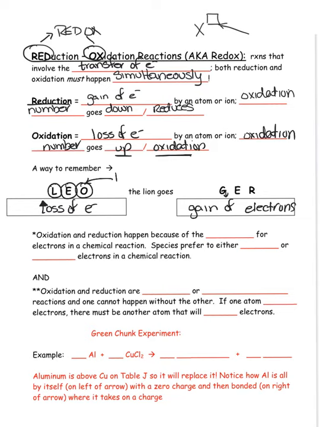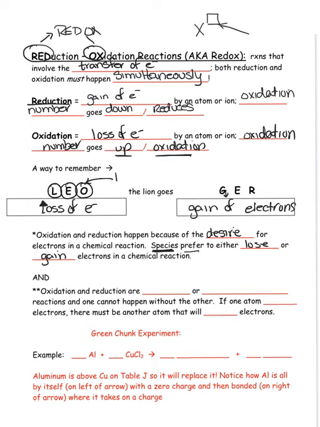Okay? All right, oxidation reduction happens because of the desire for electrons in a chemical reaction to change, to move from one place to another. So some species, some atoms, want to either lose or gain electrons.